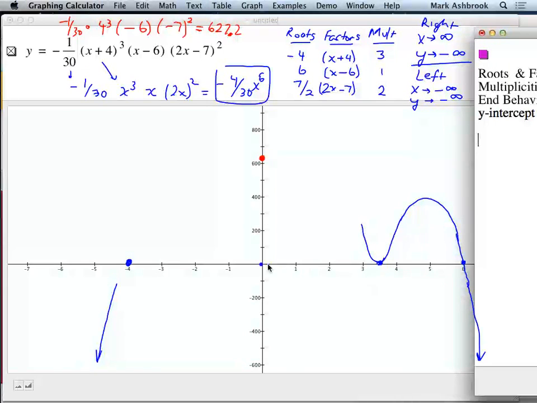There are no roots here, and the next thing, so it's got to go through the y-intercept. Something like that. And then how will it go through at -4? Multiplicity of 3. Straight through? No, it'll be like cubic behavior near that root because x plus 4 is raised to the 3rd. So with cubic behavior it comes down steep, then flattens out, then goes through.